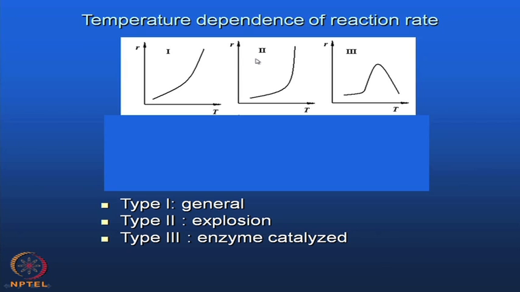In type 2, the rate increases slowly, but suddenly at a certain temperature the reaction rate increases to an enormous extent. This type is generally observed when explosion happens, so it is an explosion kind of reaction.